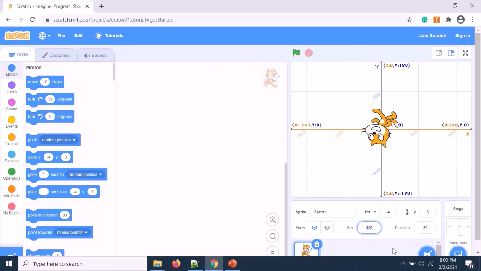Let's say 100% is the default size. If I make it 20%, it becomes very small. If I make it 50%, it comes to 50%. That's all for the coordinate system, and in the next video we'll do some programming based on that.